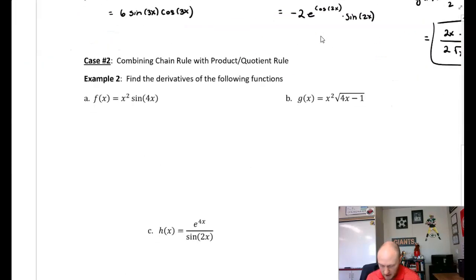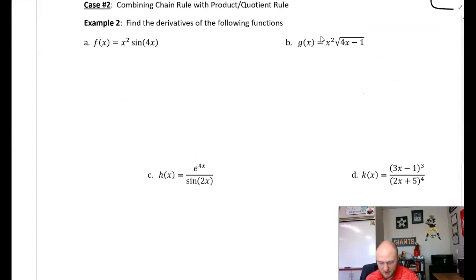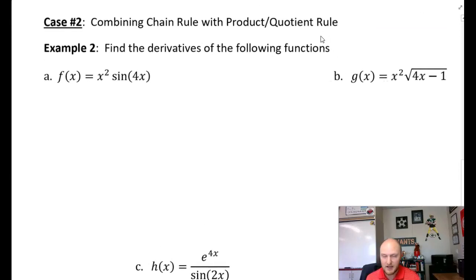All right. The next examples, we're going to utilize the chain rule with the product and the quotient rule. So example A, f of x is equal to x squared, hey, that's one function, times sine of 4x, that's another function.